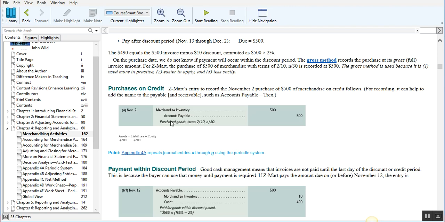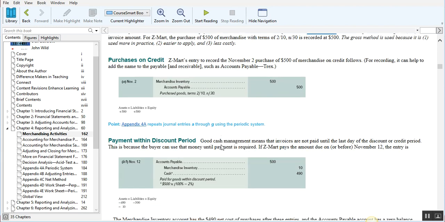So here we ordered some goods with a 2/10 net 30 discount, and here exactly 10 days later we're paying this. We are going to pay it, and what we're going to do is we're going to have a discount. So we're going to take the accounts payable, which is the amount we owe, and debit it for the full $500, which is the full amount of the invoice.